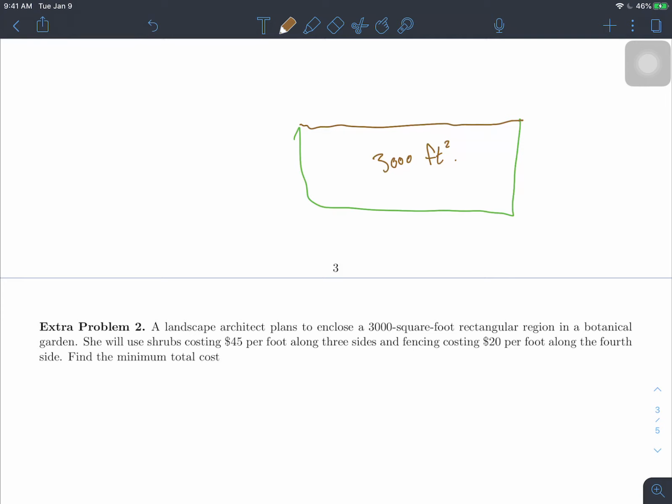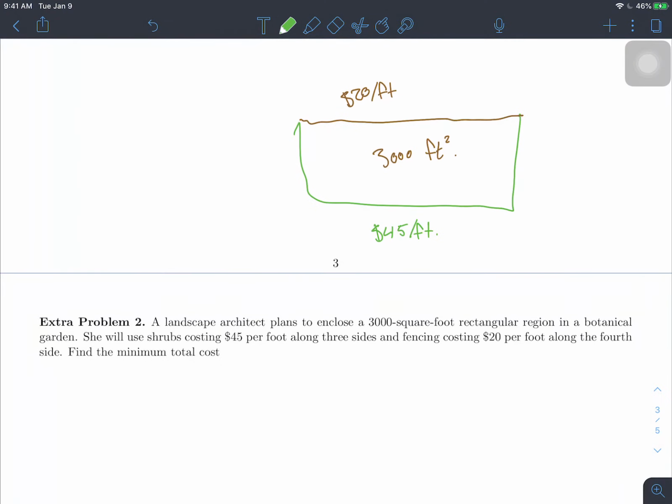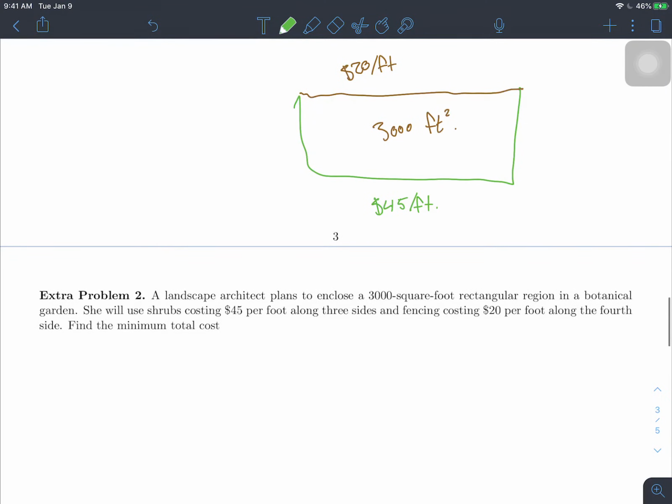Okay, the cost of the fencing is $20 per foot. And the cost of the shrubbery is $45 per foot. Great. Okay. So we want to know how much this is going to cost us to do.